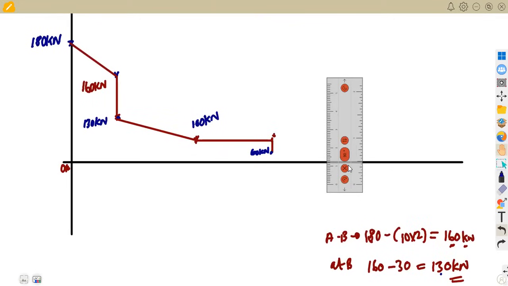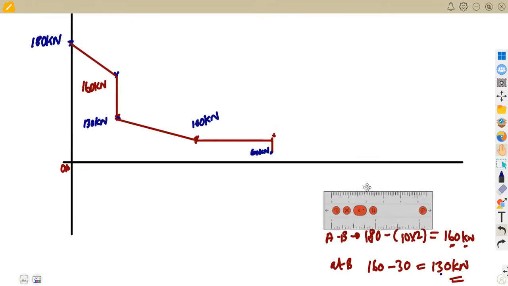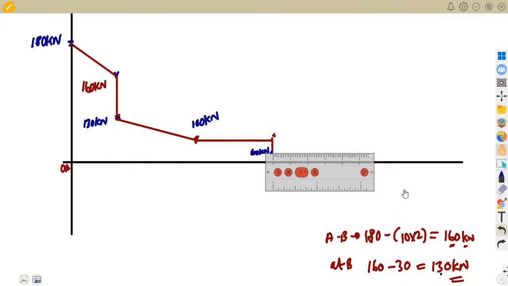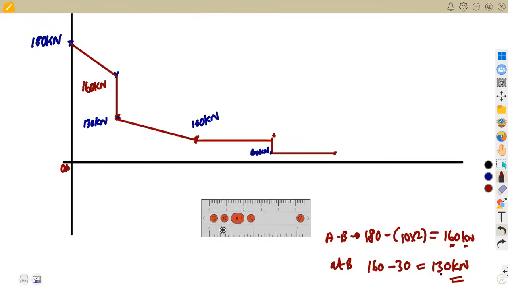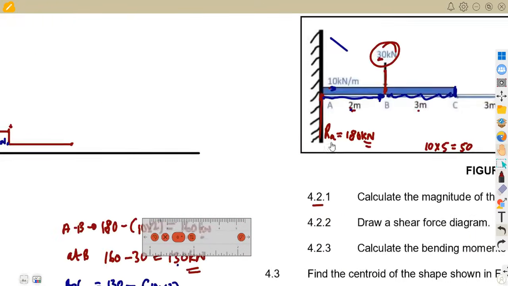We just draw a horizontal line for the 3 meters that follow, up to this point. So that's at point E.